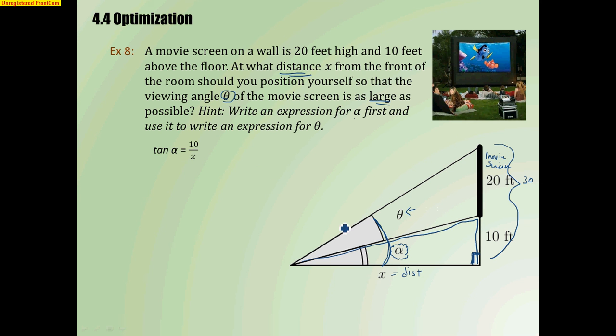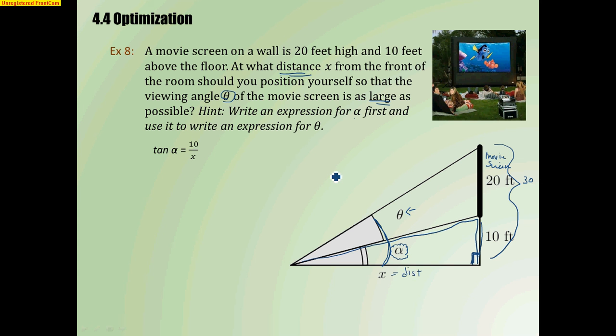So the hint was to go ahead and write an expression, because remember, what I want is an equation with one variable. So the tangent of that angle that I'm not after is equal to the opposite side, 10, over the adjacent side, which is x.